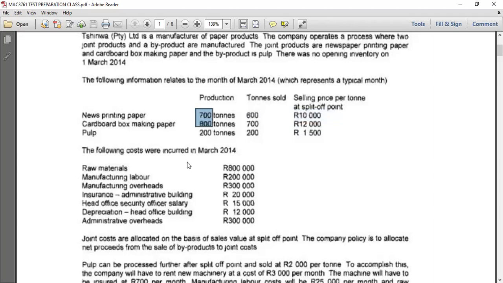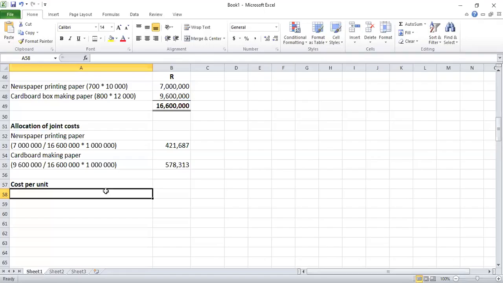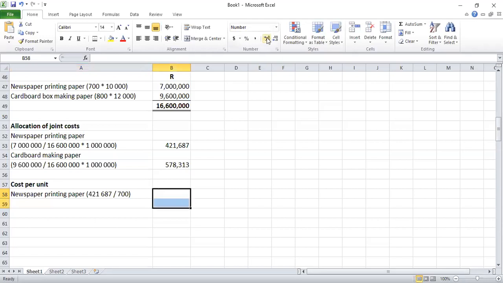So we'd say newspaper printing paper, 42,687 divided by 700. Just give me to 2 decimal places. 1030.98.